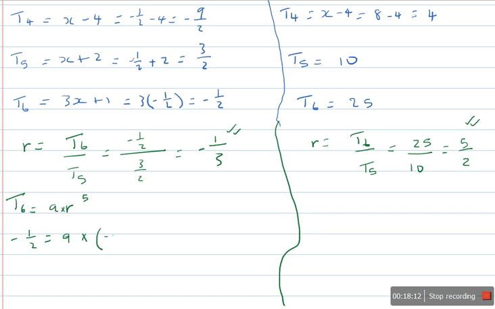U-r sesitholile ukuthi ubani, it's negative 1/3 all to the power of 5. Then emva kwalokho mase ngisolve for u-a. Uma ngisolve for a, I'll simply divide by this part, le negative 1/3 to the power of 5 nangala negative 1/3 to the power of 5. Excuse me, so this is negative 1/3 to the power of 5.